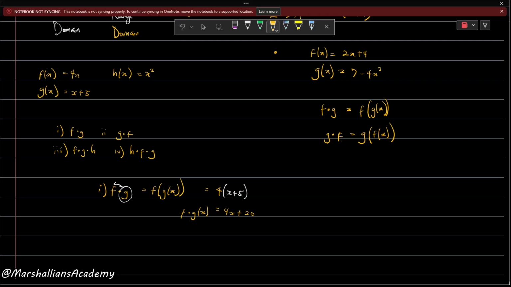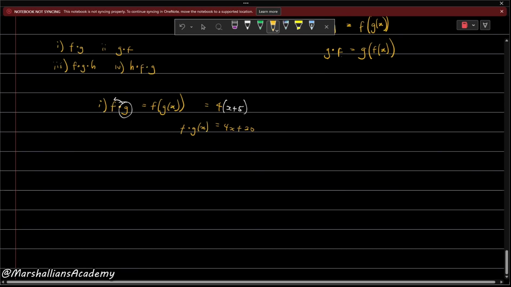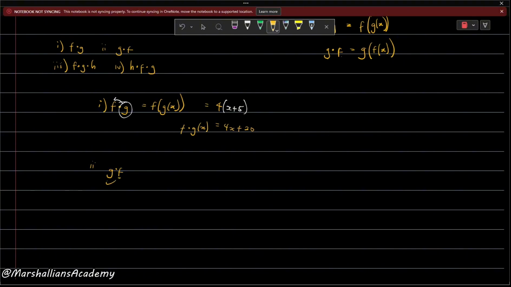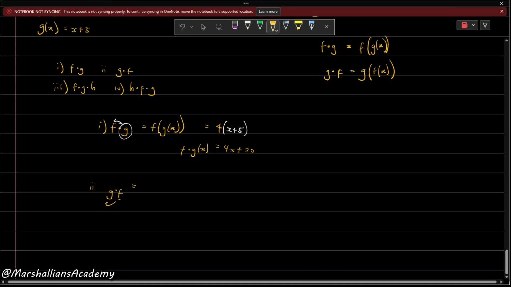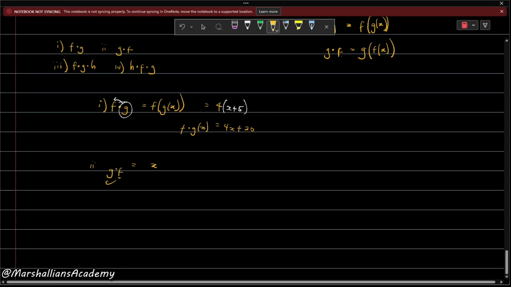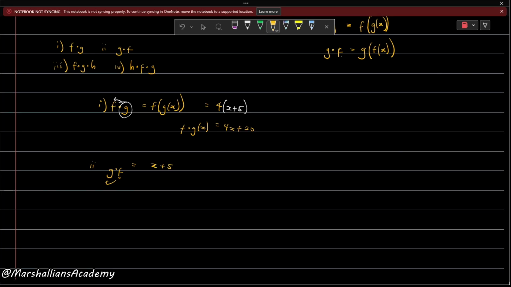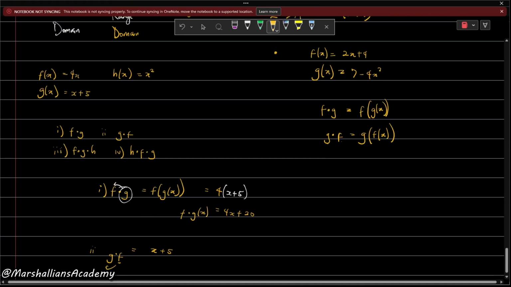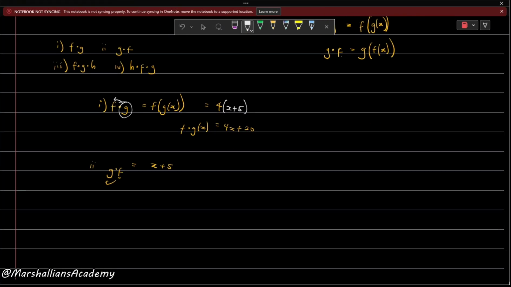Does this make sense? What about g of f? For g of f, I have f function inside g's function. So I have to write g's function first, x plus 5. And anywhere I have x in my g's function, I will replace it with f function. And what is f function? It means I'm going to be replacing this x with 4x.